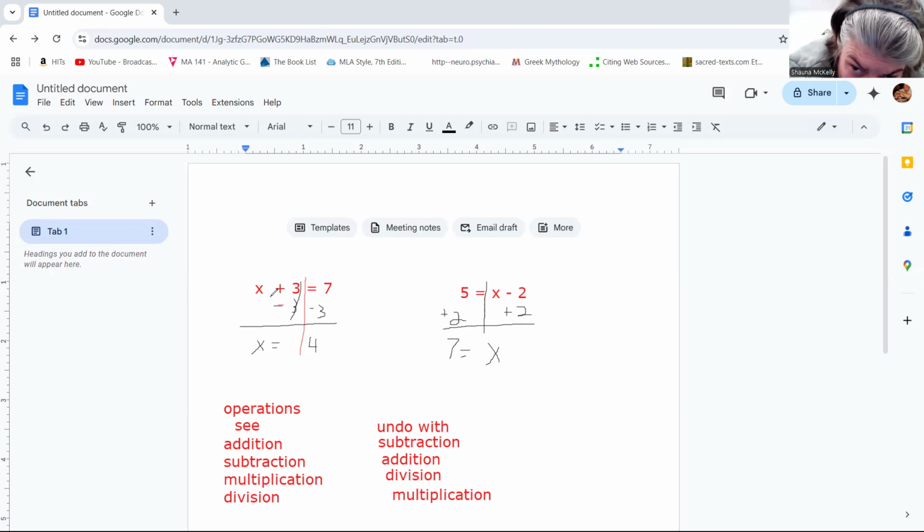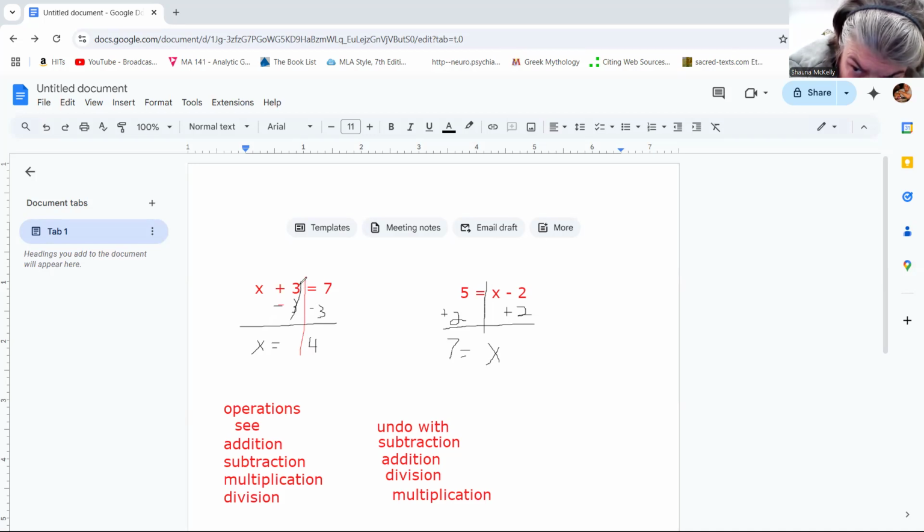So here I have x plus 3 equals 7. I want to get this x by itself on the left side of the equal sign, so I need to get rid of the 3. I'm going to subtract 3 from each side. I subtract 3 on the left of the equal sign, and I subtract 3 on the right.